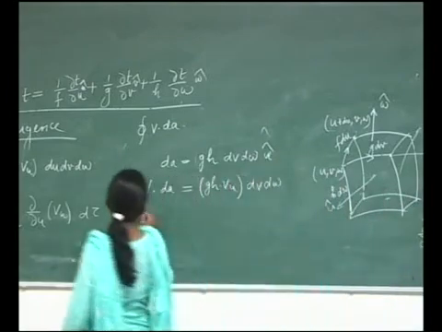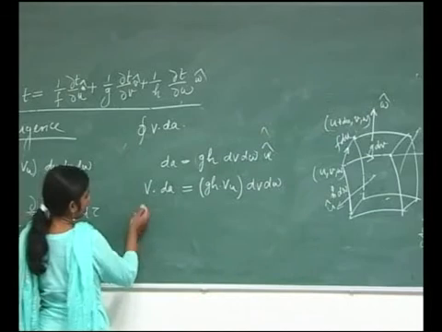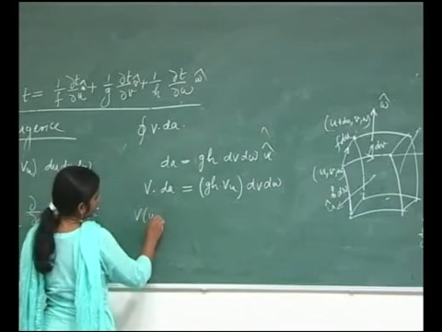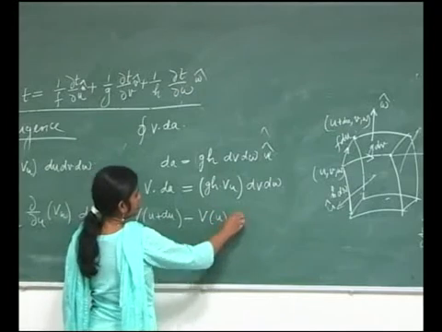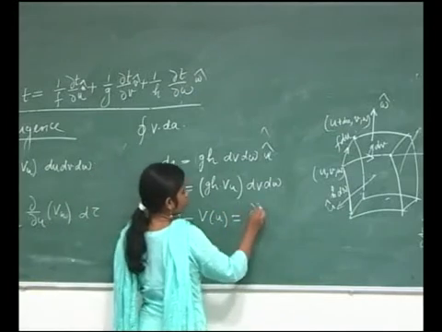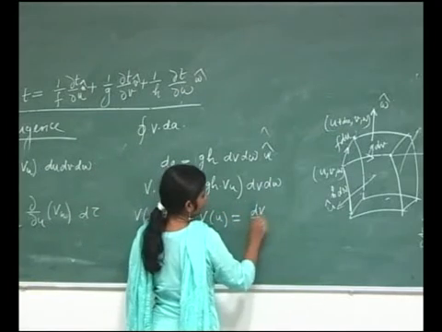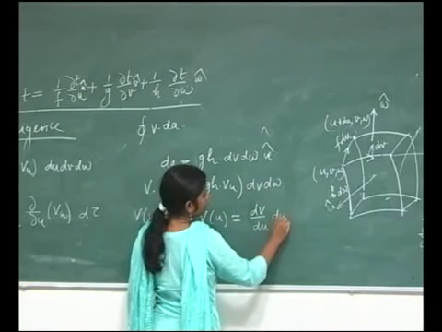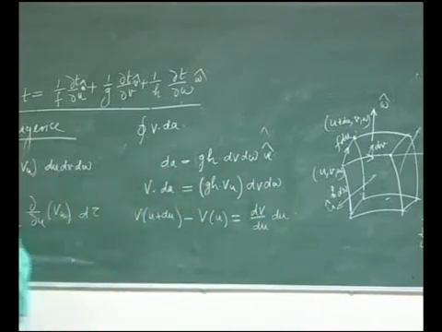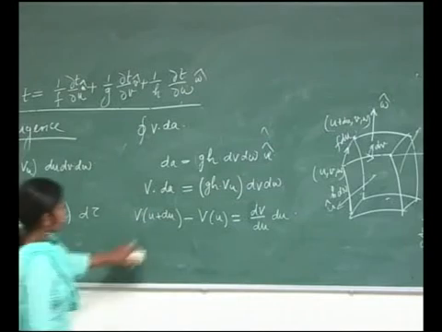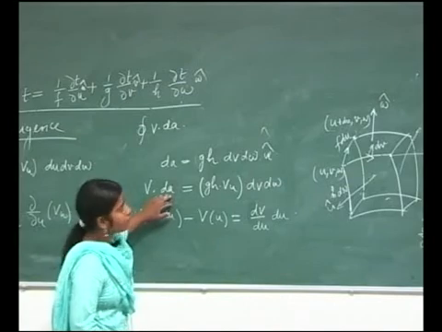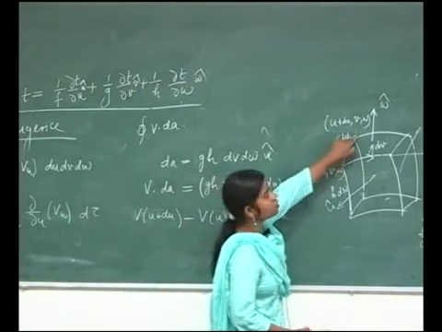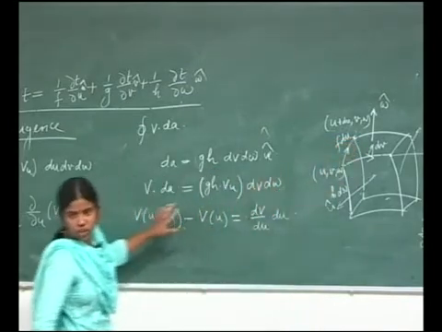So now I will say that for any function I can write that Vu plus du minus Vu is equal to dV by du into du. Okay, that is the same function we wrote. So if I have this V dot dA here, and when I move from this plane to this plane, I only change on the u coordinate.